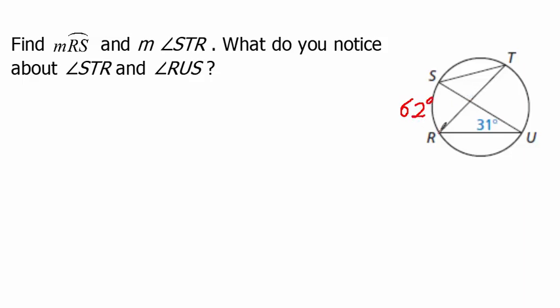Well, now look at R and S. Those are the endpoints for angle T. That means that angle T has to be, well, it's inscribed, it's half. So these two angles, which are both inscribed on the same arc, are congruent.